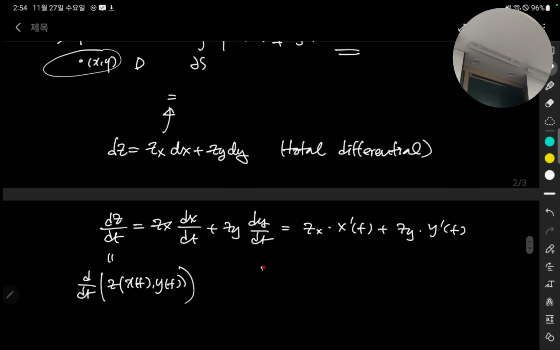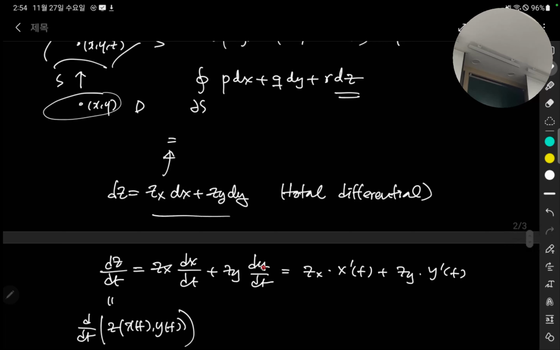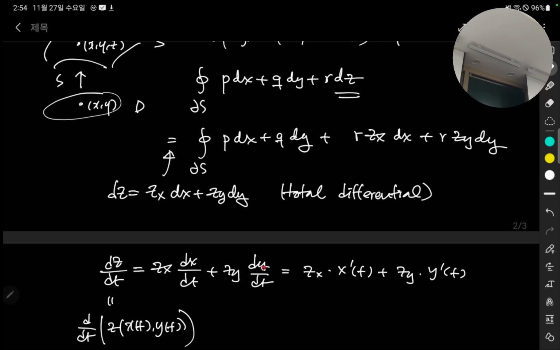So I'm going to replace that dz with this one. What happens is it's the same as the line integration of P dx plus Q dy plus R times (z_x dx plus z_y dy). So here R z_x dx and R z_y dy.